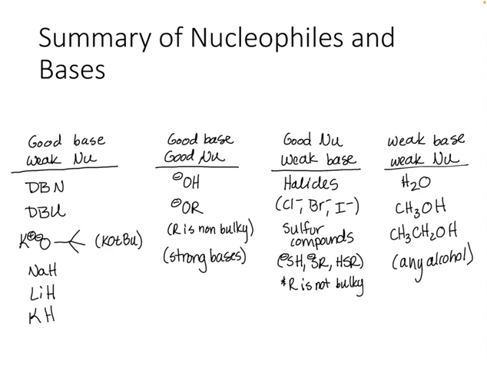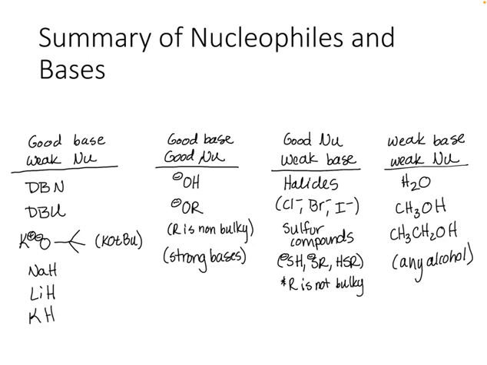Those would be weak bases that are also weak nucleophiles. Okay, so now we have a lot of different tools in our tool belt that we can use to favor a particular type of reaction, whether that is elimination or substitution, or we could go deeper and try to really get just the SN1 product or just the SN2 product.